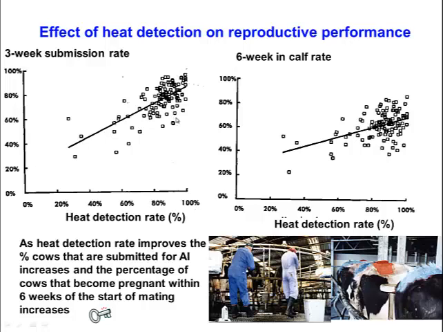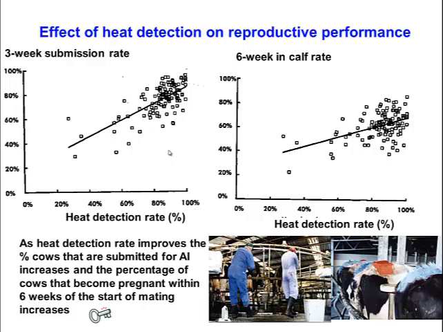This of course could be a false representation of what's happening. If, for example, farmers are not detecting heat accurately, but they're still submitting a lot of cows, then you'd get a different relationship. For example, I heard of one case in one herd where the farmer was actually paying the workers extra money if they picked cows that were in heat.